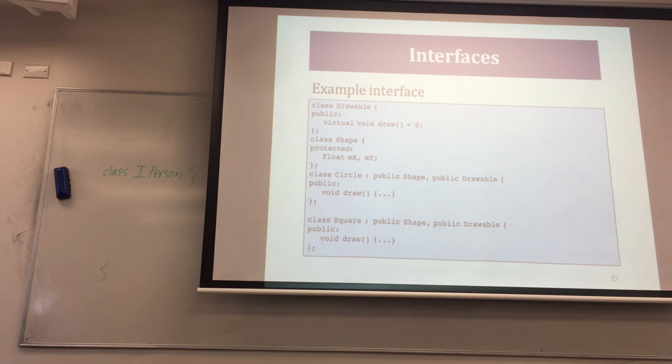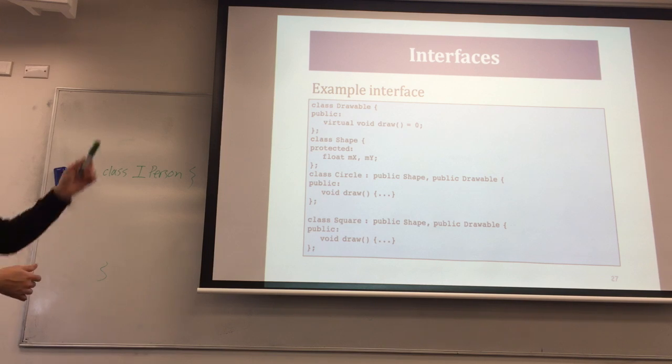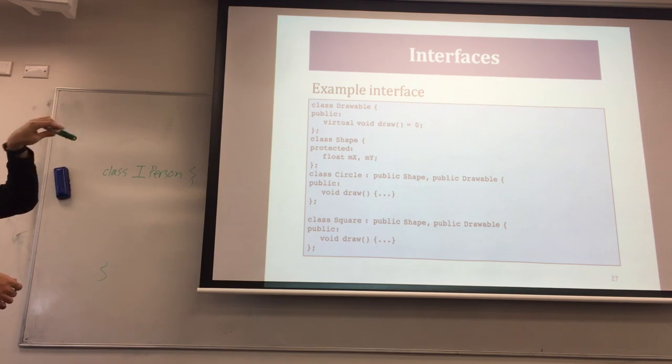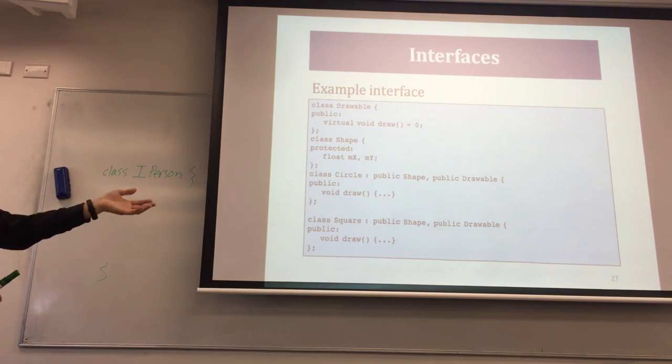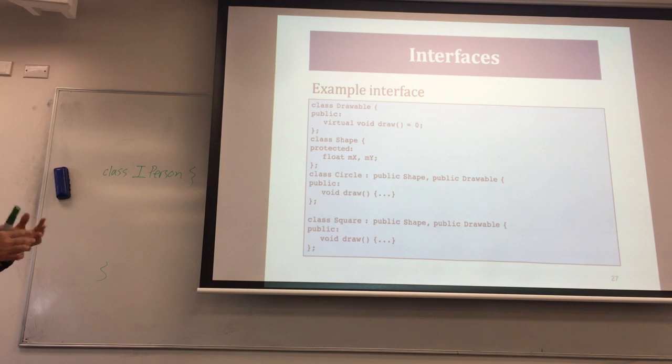And an interface usually contains functions that declare the behavior of the class, or what it can do. So you usually see interface names with something-able. It declares a set of behaviors that should be implemented by the derived classes. So a shape is something that can draw on the screen, can draw on a printer. It's drawable.